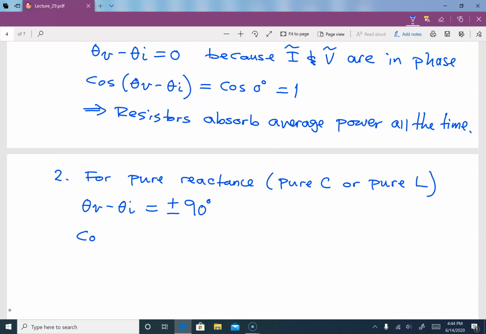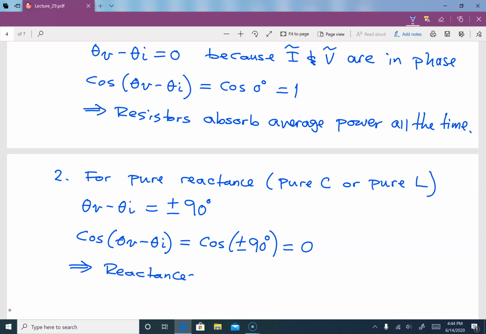And from that, cosine of plus or minus 90 degrees is all the time equal to 0, which means that reactances do not absorb average power at all.